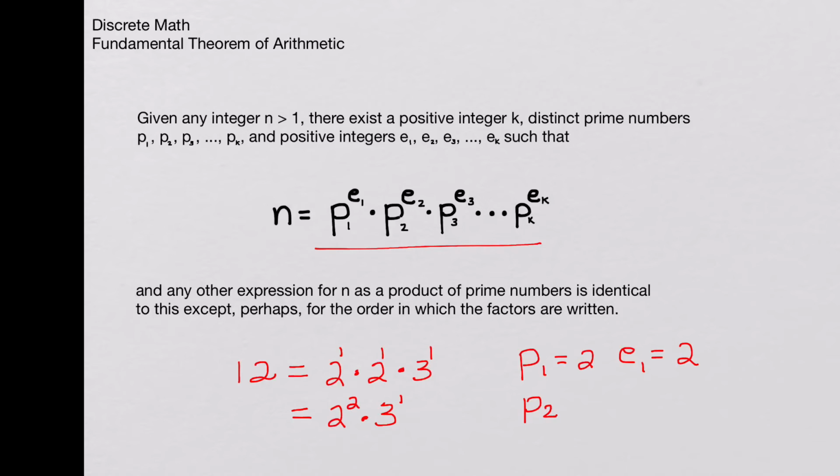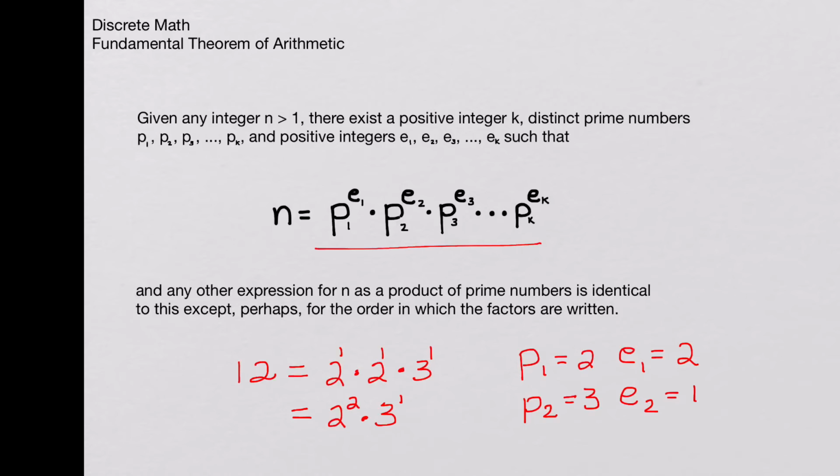P sub 2 is equal to 3, and E sub 2 is equal to 1 because 3 is the base, 1 is the exponent, so 3 to the 1 power. So this gives you the breakdown for our fundamental theorem of arithmetic.